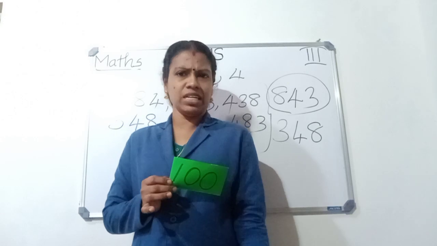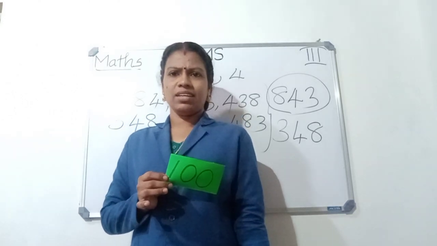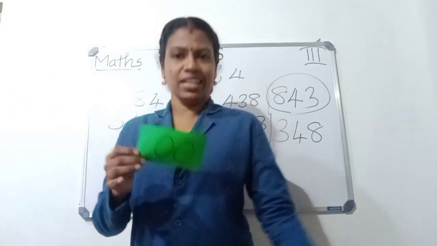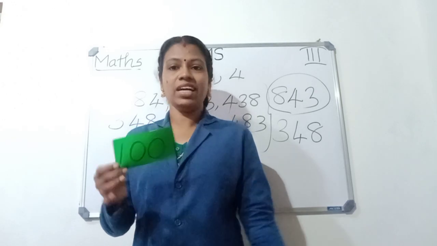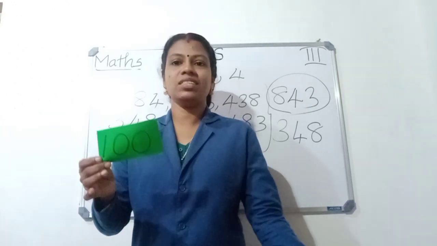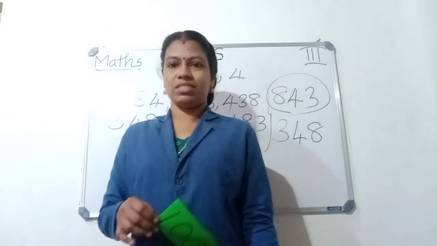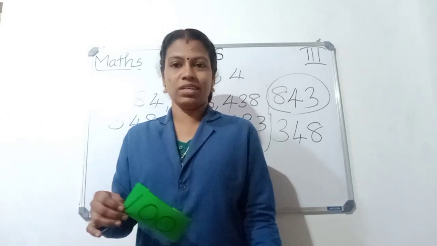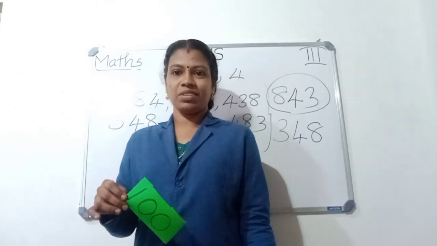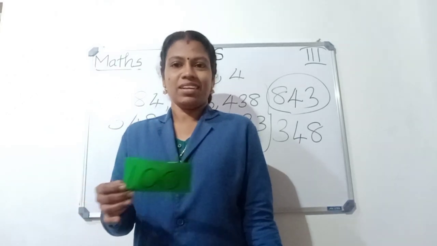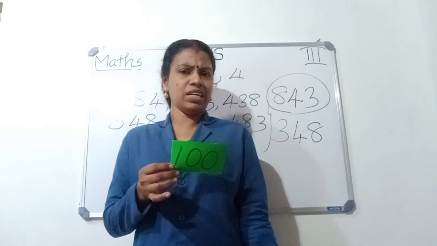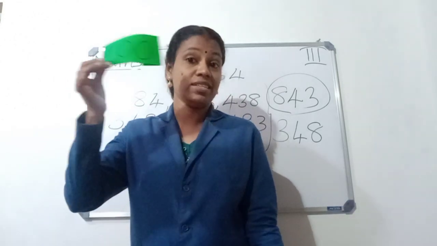Have you heard that word century? Yes. In cricket, we heard that word. Sachin scored century in that match. Like that. Sachin scored double century. Yes, century means 100 runs.